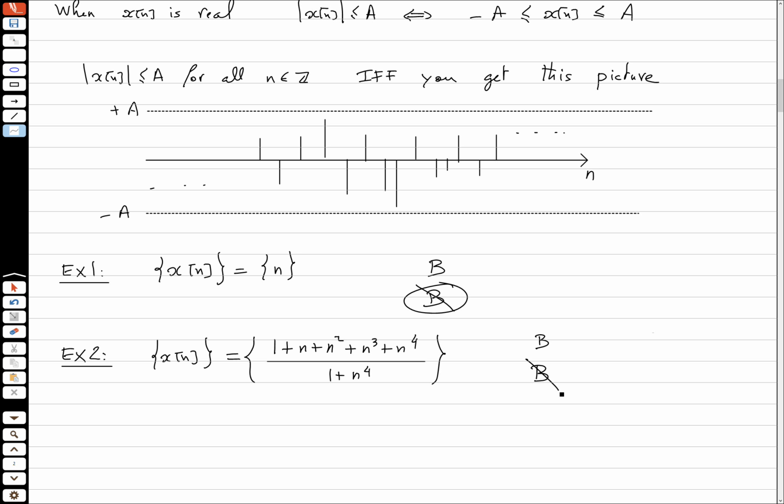Ready to vote? All right, how many of you vote this is bounded? How many of you vote this is not bounded? Wow, it's a bit tight. All right, those who say it's bounded, why do you claim that?